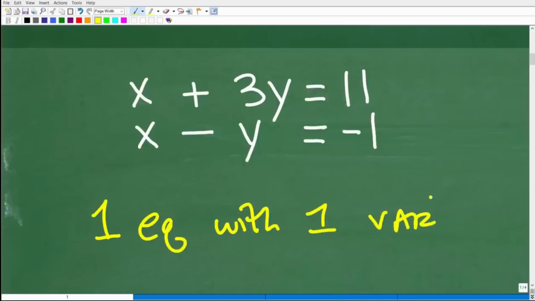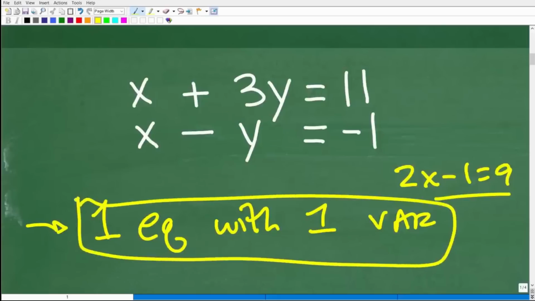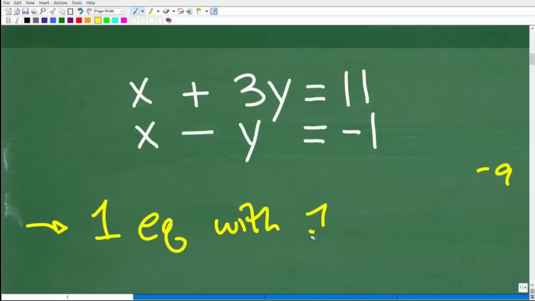I have two equations with two variables, and from this information I want to create one equation with one variable, because when I have one equation with one variable, like 2x minus 1 is equal to 9, I can solve for that variable. Once I have that, I can go back and plug it in to get the other variable. So both techniques have the same goal in mind: create one equation with one variable only.